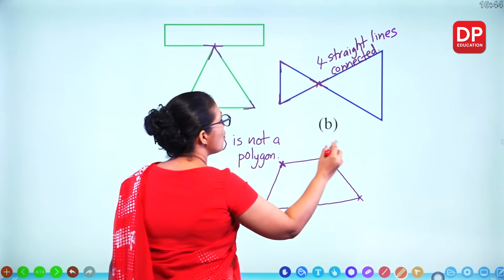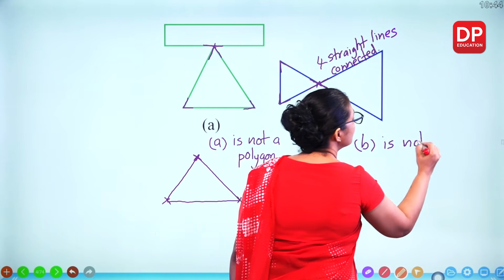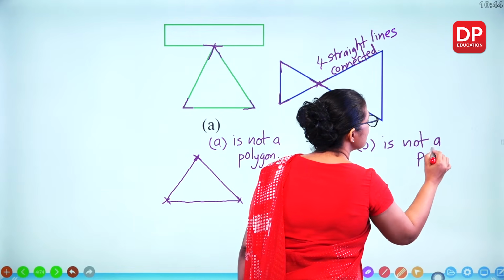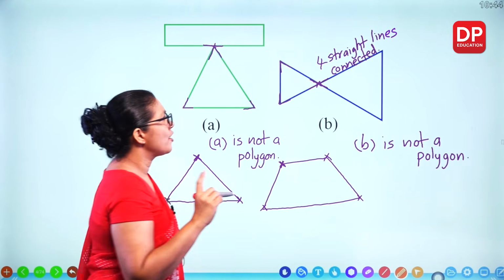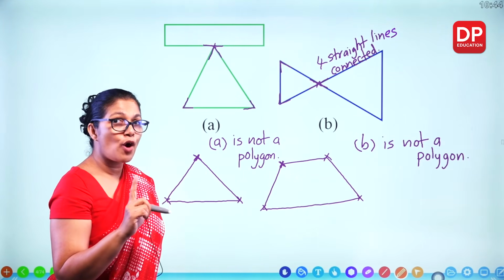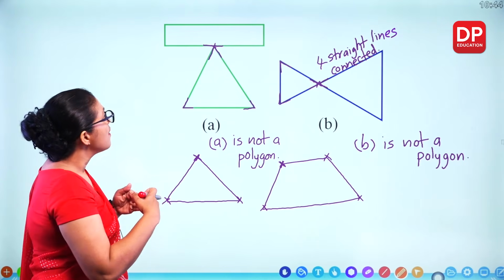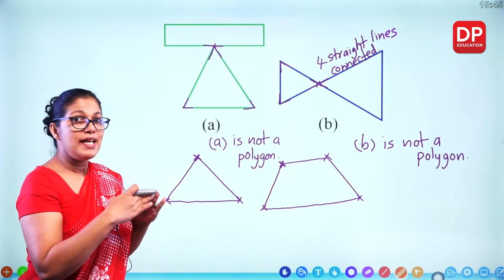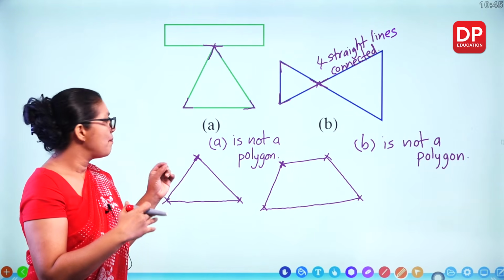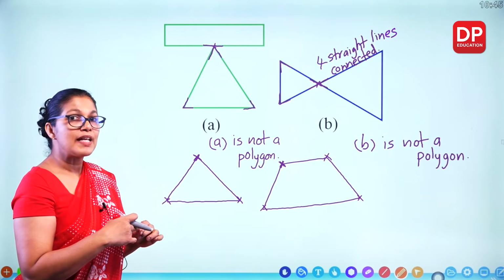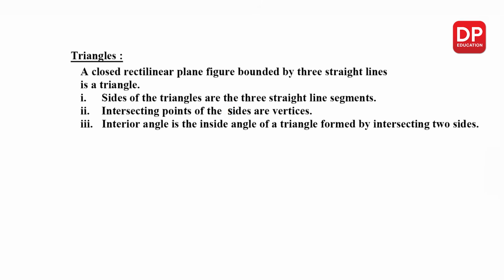So therefore, B is not a polygon. So how do we identify whether it's a polygon? Bounded with straight lines, when you get only 2 straight lines connecting and make a point, that's the vertex point.